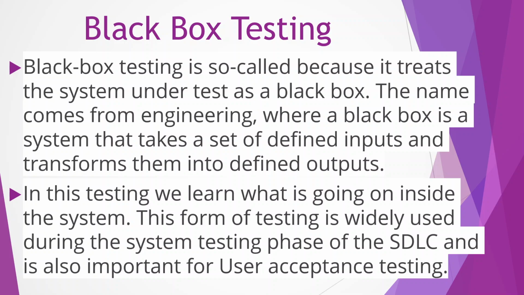In this testing, we do not learn what is going on inside the system. This form of testing is widely used during the system testing phase of the software development life cycle (SDLC) and is also important for the user acceptance test.